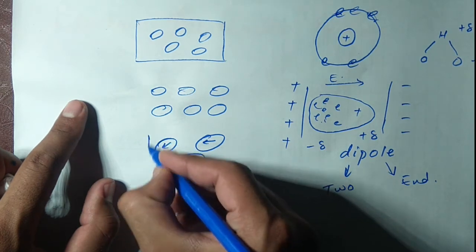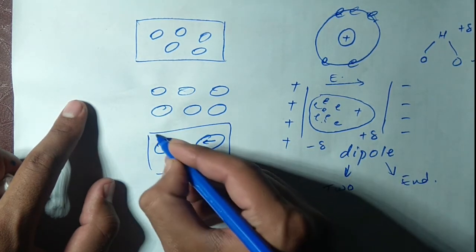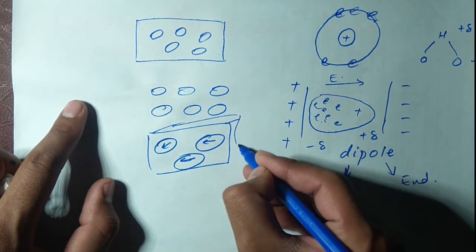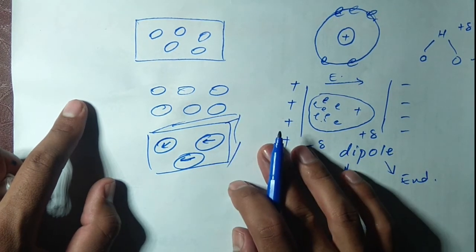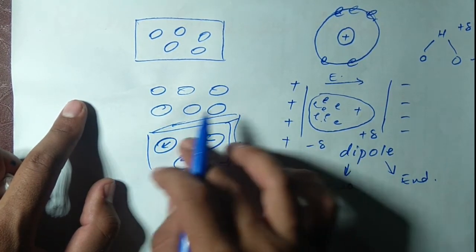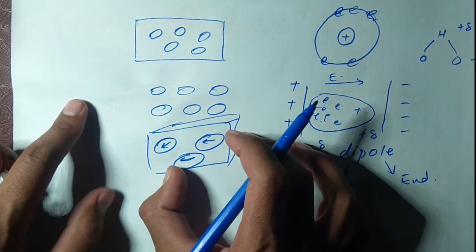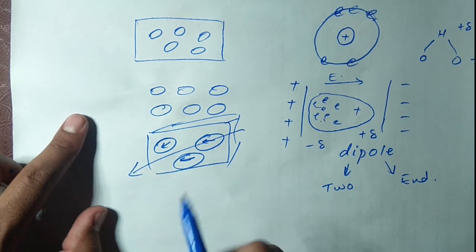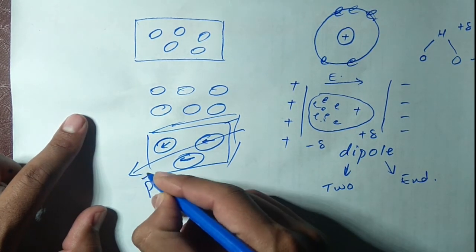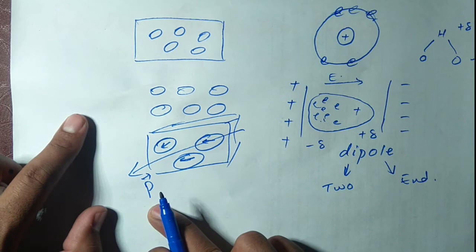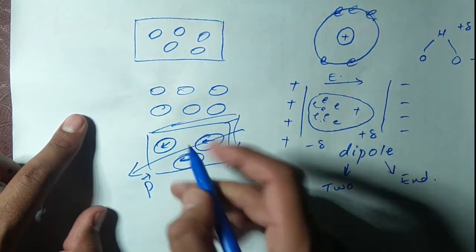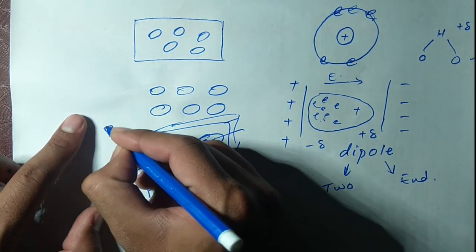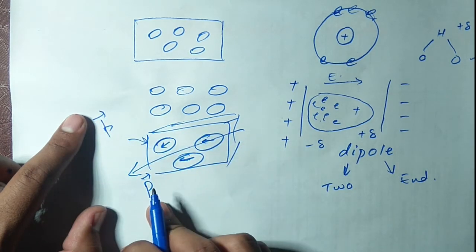We have assumed a unit volume, a cube, and in this cube the net polarization is in this direction. So this direction describes P. This was a small p for a dipole, and this is the capital P.